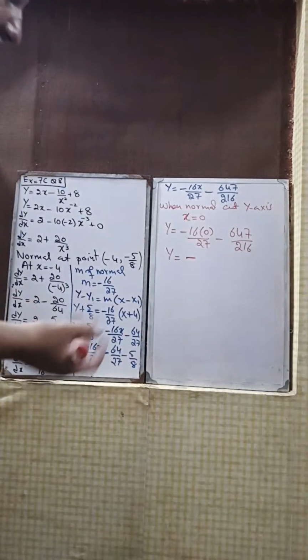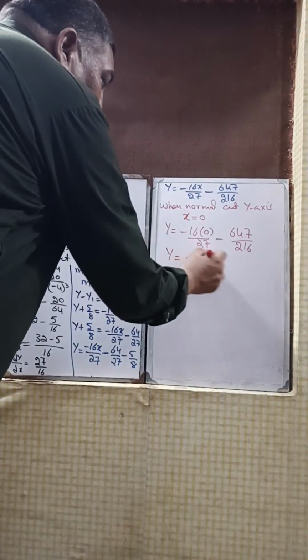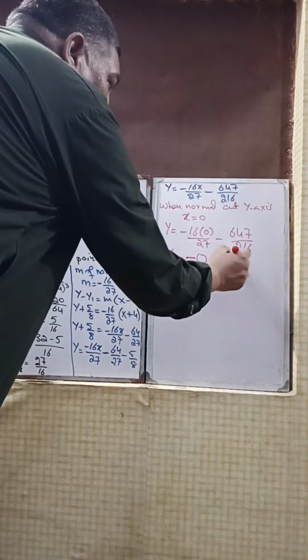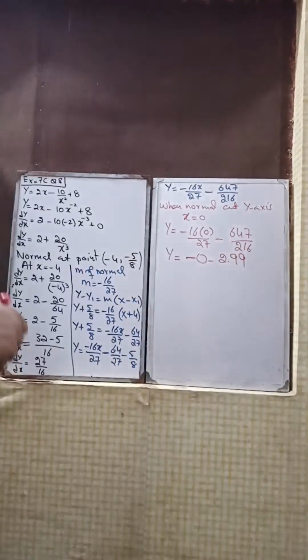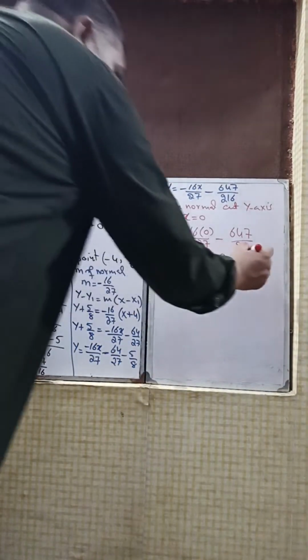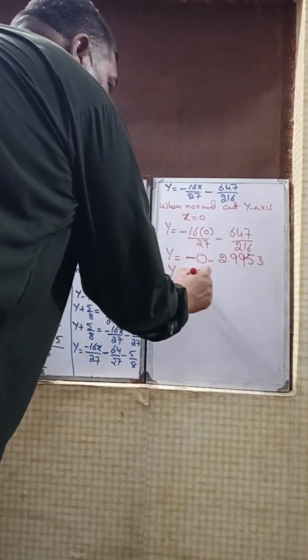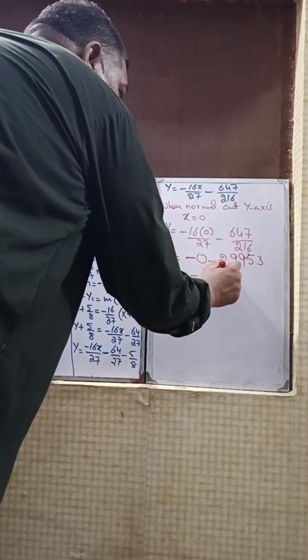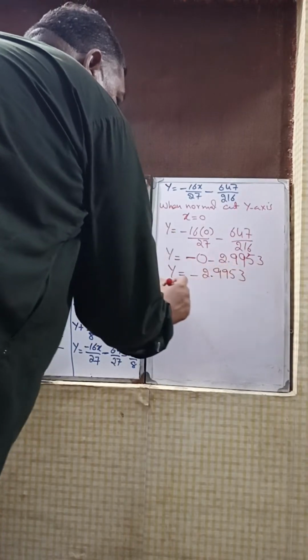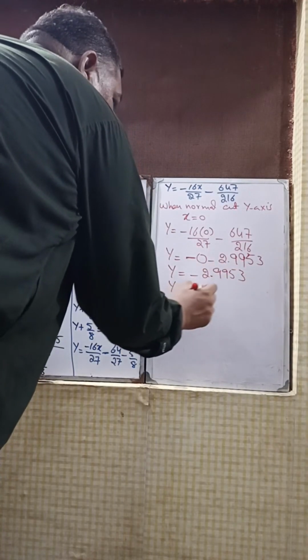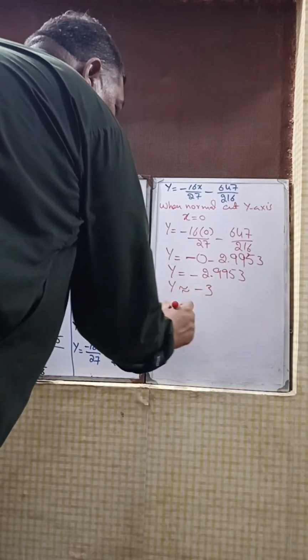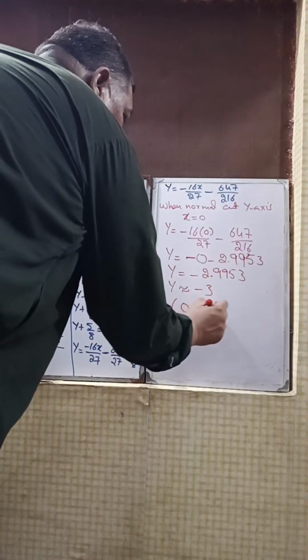Okay. Sorry. You see what happened here? This thing becomes 0. This is 2.9953. So this is basically minus 2.9953, and the y is approximately minus 3. So that point is 0 comma minus 3.